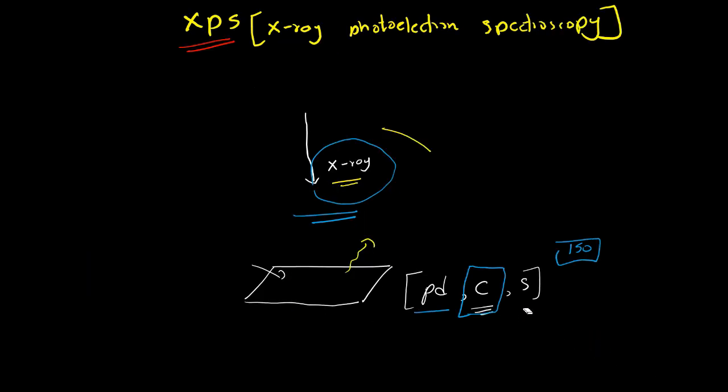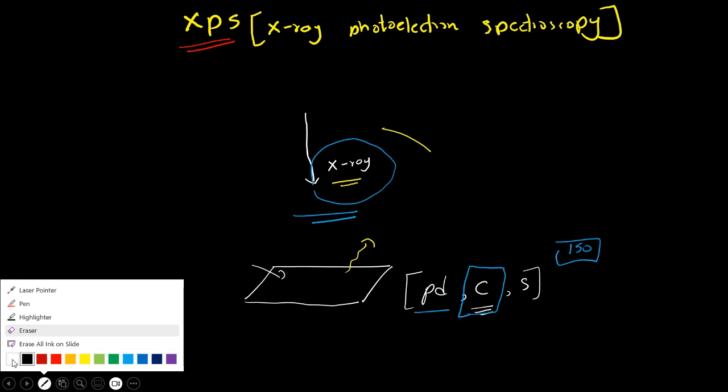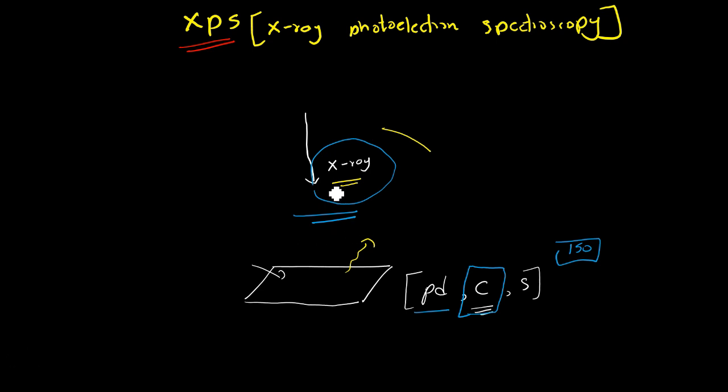And the next thing, now there is a problem in this process. The reason is, when you continuously put X-rays into your sample, the sample will emit electrons. When electrons are removed from your sample, your sample surface becomes positive because electrons are removed, right? The sample surface is getting positively charged.